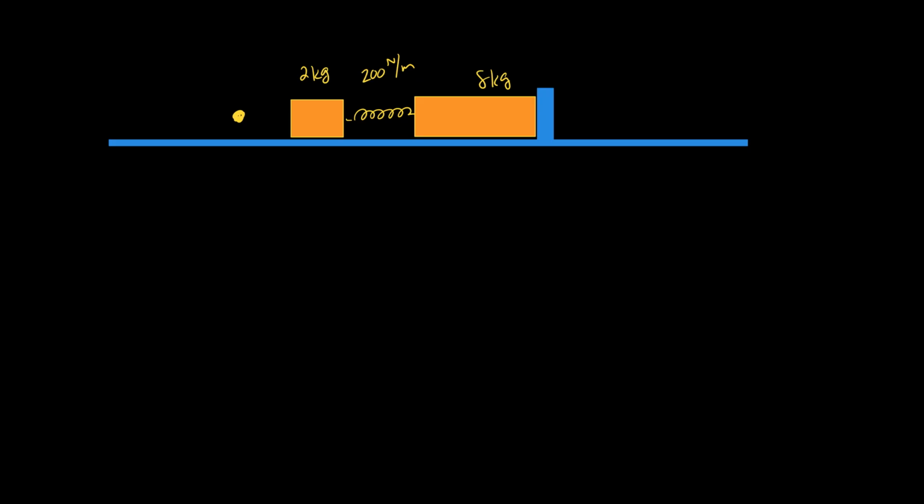I don't want to redraw this a billion times. So let's just say that we have this part where the block and clay have compressed the spring 0.4 meters. So at this moment, there was elastic potential energy in the spring, and it's the only thing that has energy. So that's going to be 1/2 k delta x squared.